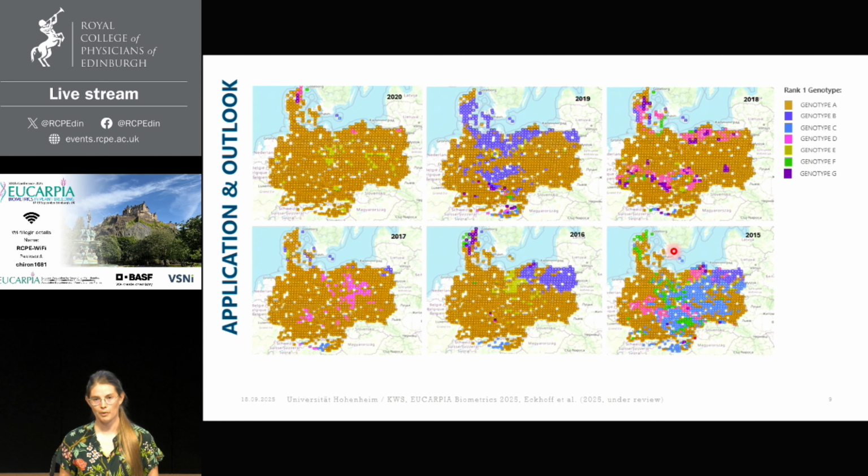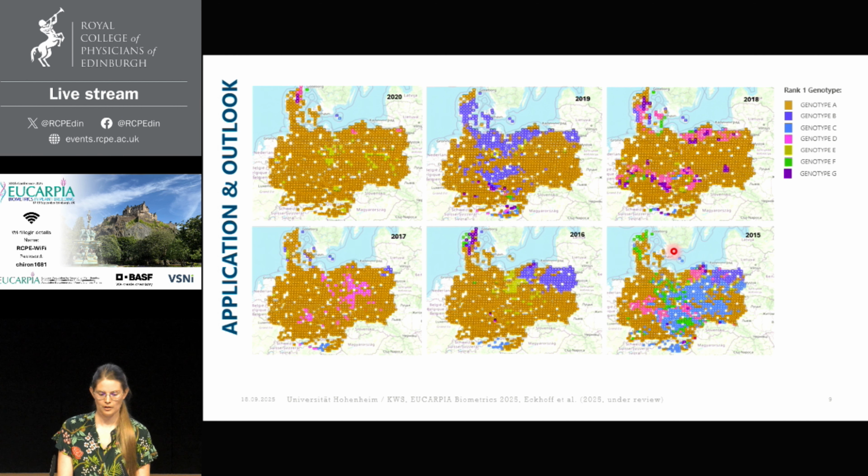And this is exactly what I did here using the MSED loss function approach and a deep neural net, using a set of genotypes and looking retroprospectively. So each color is corresponding to a different genotype, and it shows you where the model predicted which genotype to be the number 1 at a given coordinate and year combination.